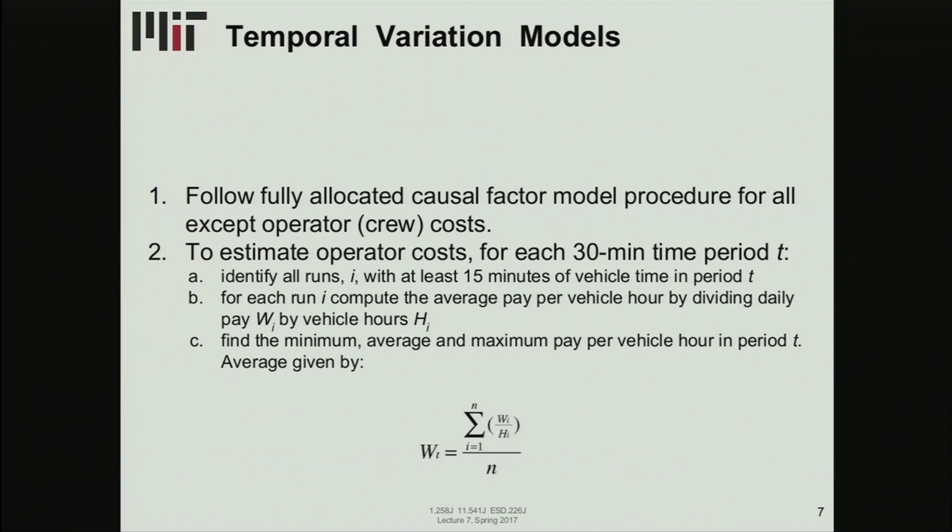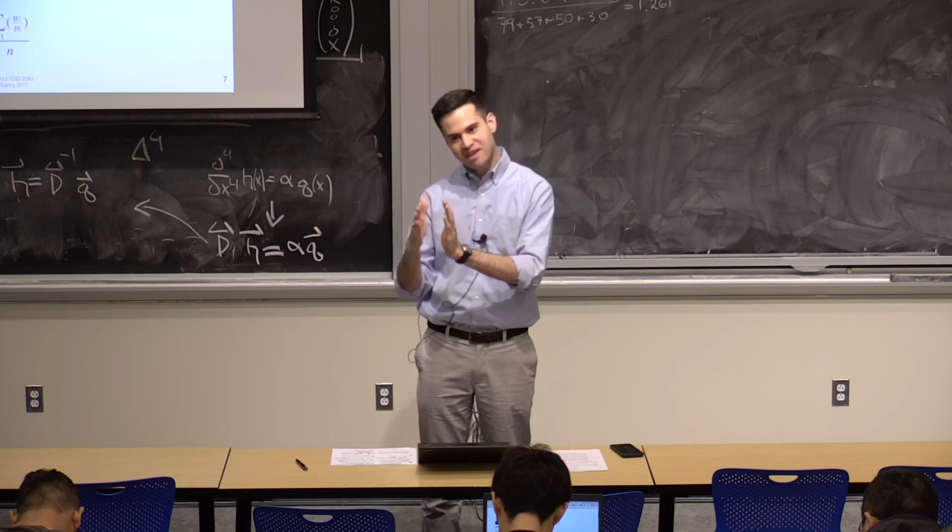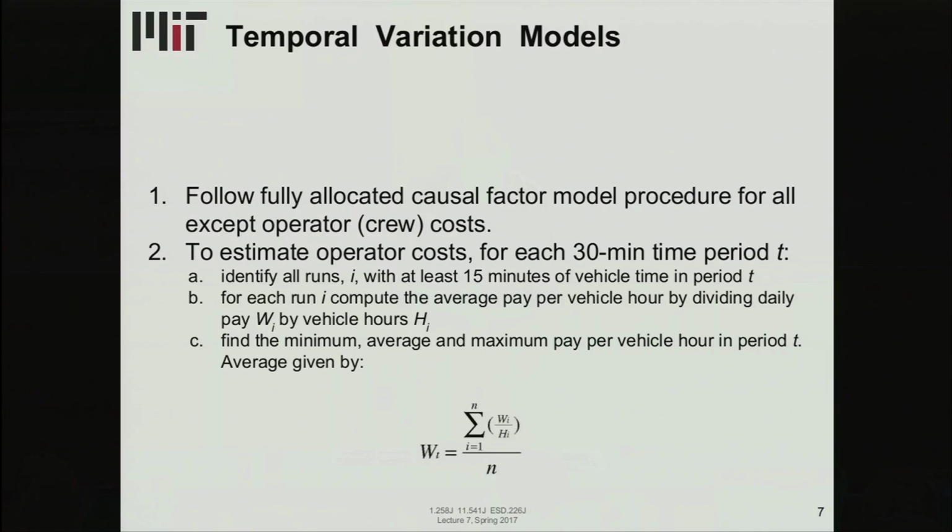So now we have an average again, but it's by time of day for a small bucket of time. And then for each of those, we find the minimum, the average, and the maximum. So we're not only going to look at averages, we're also going to look at the distribution of costs along each period.